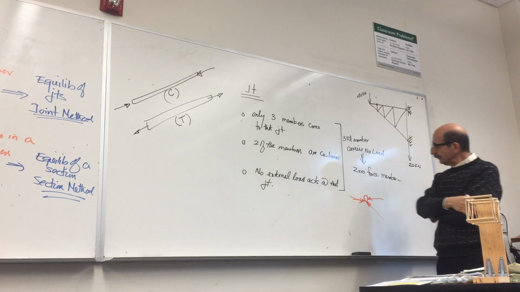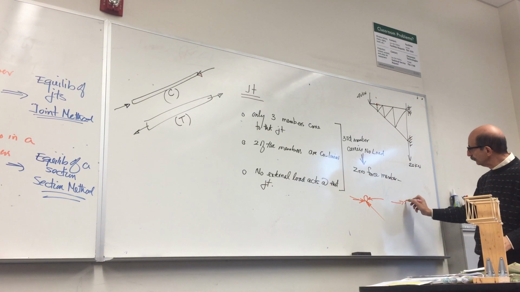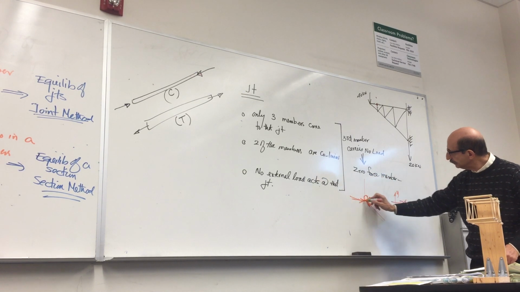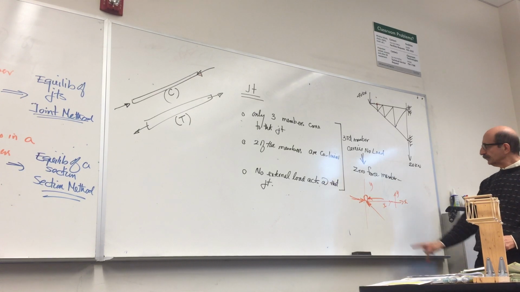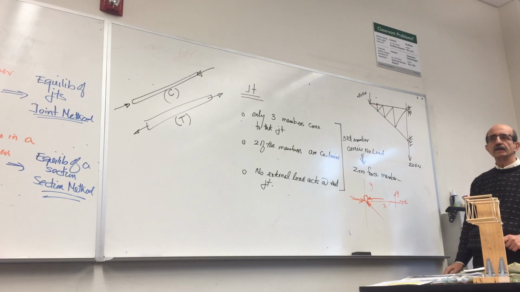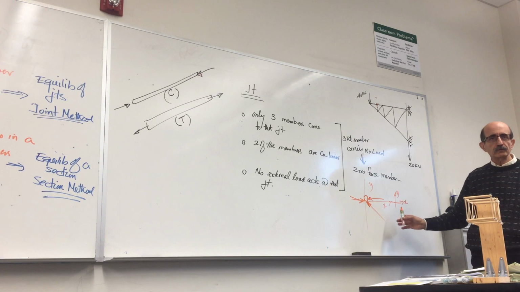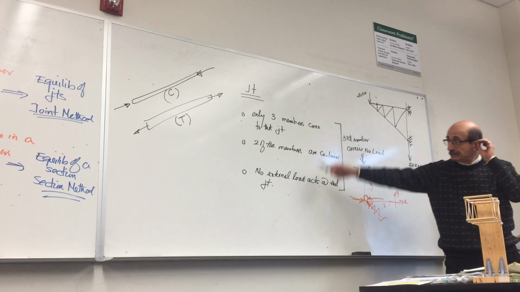If you have a situation like this, and you consider this is X and this is Y, and you write summation of forces along Y, this is the only force you have along Y. So if the summation of forces along Y has to be zero, this has to be zero. That's what we need.